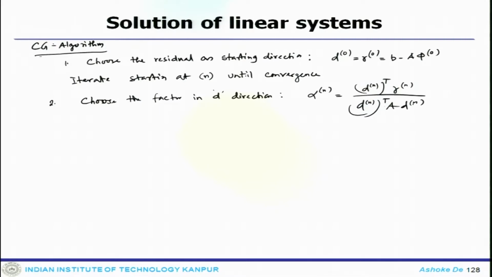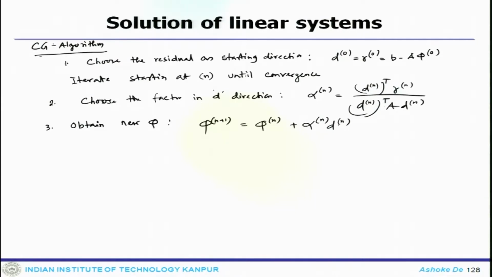So, this is the way you choose the factor in the D direction. Then you obtain new phi such that phi n plus 1 equals phi n plus alpha n d n.